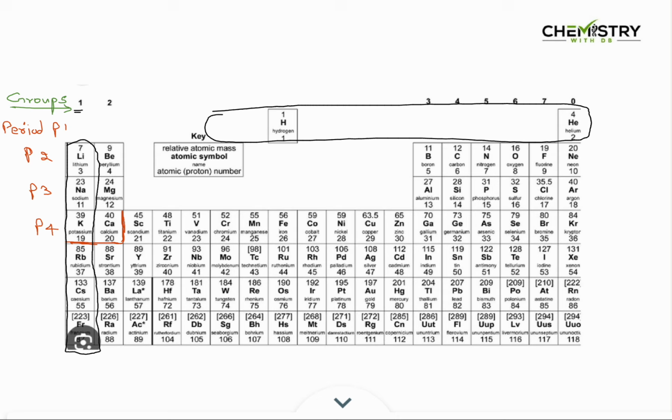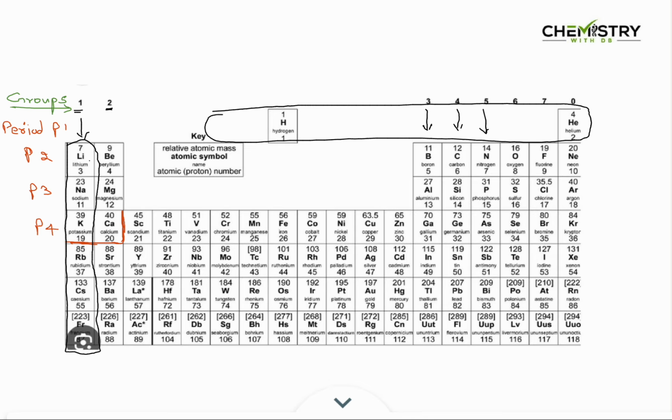Second column is group 2. So all of the elements, for example, lithium, sodium, potassium, these are all group 1. Group 2 is beryllium, magnesium, calcium and so on. So these are all groups, right? Group 3, group 4, group 5. The group number, what does it tell us? It tells us how many electrons are there in the outermost shell.